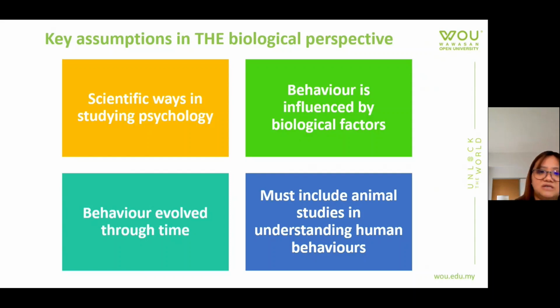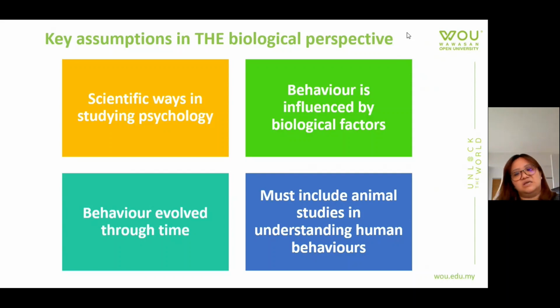So the next one is behavior. Behavior is influenced by biological factors. I quoted one example just now, John Harlow's Gage case. After the removal of certain parts of Gage's brain, they observed some behavior changes.